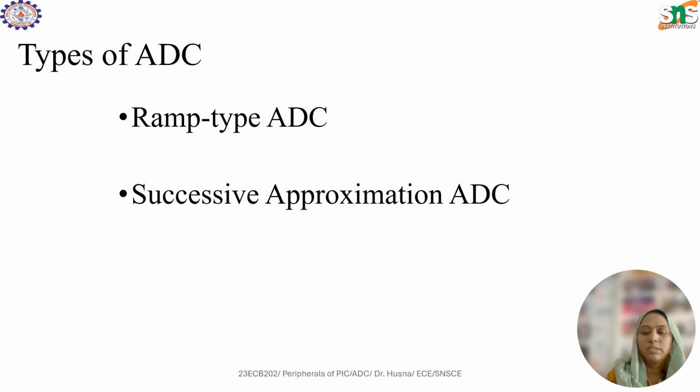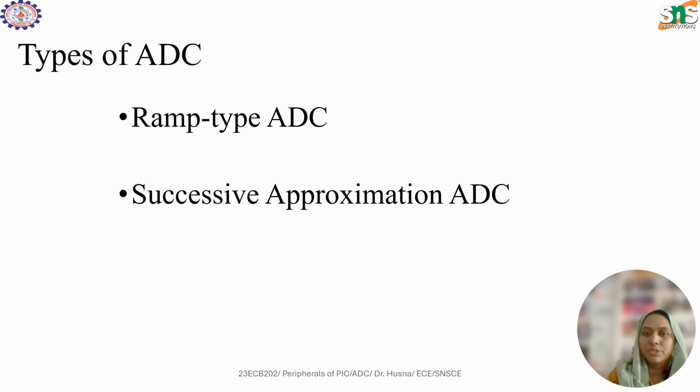What are the two different types of ADCs? One is the ramp type ADC and another is the successive approximation ADC. The ramp type ADC converts the analog signal by comparing it to a reference voltage that is either increasing or decreasing linearly, like a ramp.